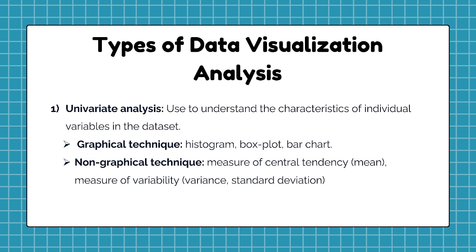So there are two types of data visualizations analysis. One is the univariate analysis. Under this univariate analysis, we try to understand the characteristics of individual variables in the data set based on graphical technique, or we can use non-graphical technique. So graphical technique means that we choose suitable statistical representations.